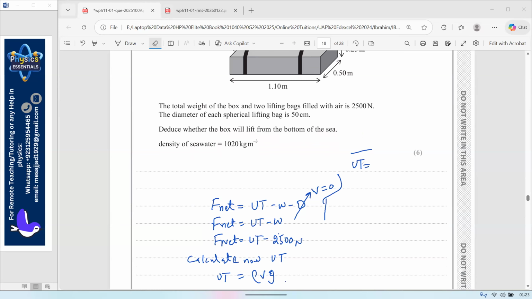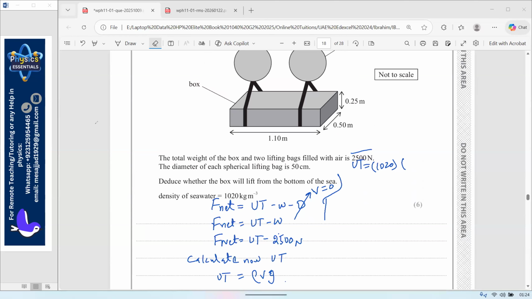Upthrust equals the given density of water, which is 1020, times the volume of this object, this one, and this one. So two spheres and one cube. So you are going to write thrust as V of spheres plus cube.